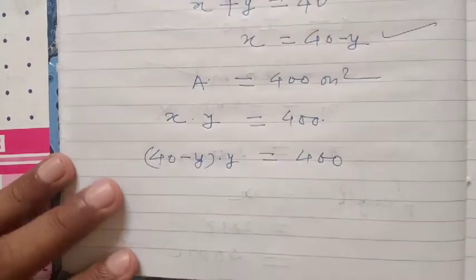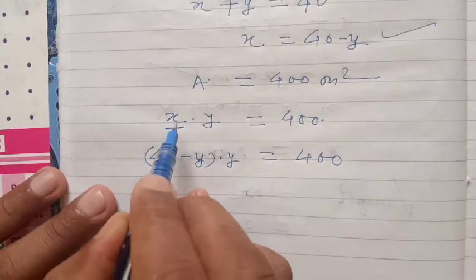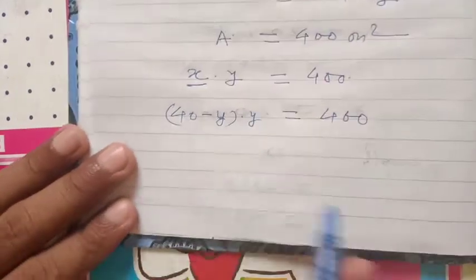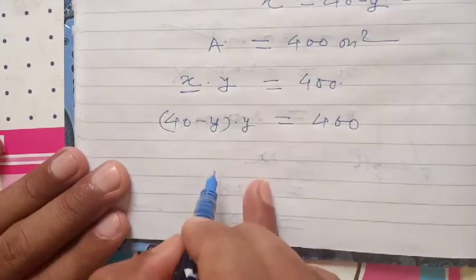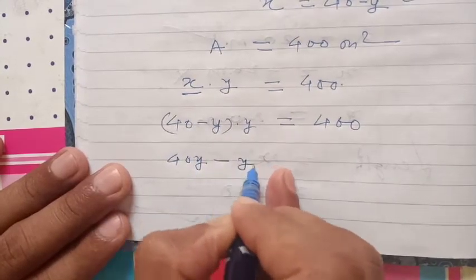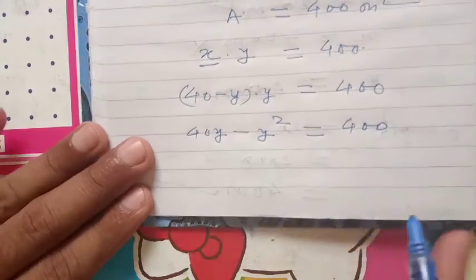It's clear? We are replacing the value of x here because x is equal to 40 minus y. So multiply y in the entire term: 40y minus y square is equal to 400.